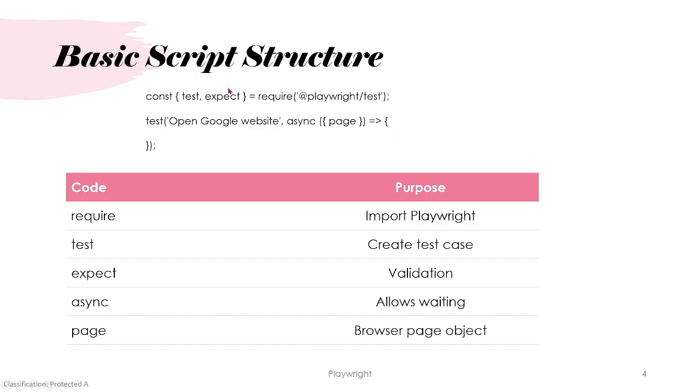So from this structure, you should understand require imports Playwright and test. Test is to create a test case, expect is validation, async allows us to await the page, this is a page, this is a browser page object.